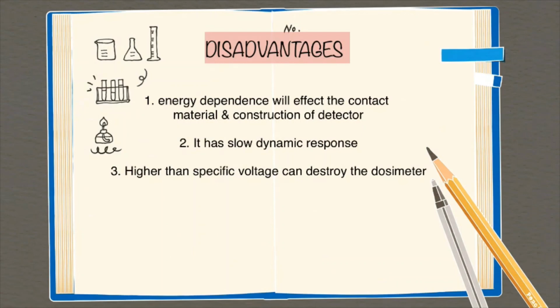If the voltage applied is higher than the specific one, it can immediately destroy the diamond dosimeter. Lastly, the diamond dosimeter has developed small dependence on dose rate. So, when the diamond dosimeter has measured the depth dose or absolute dose, the correction factor must be applied to correct this problem.